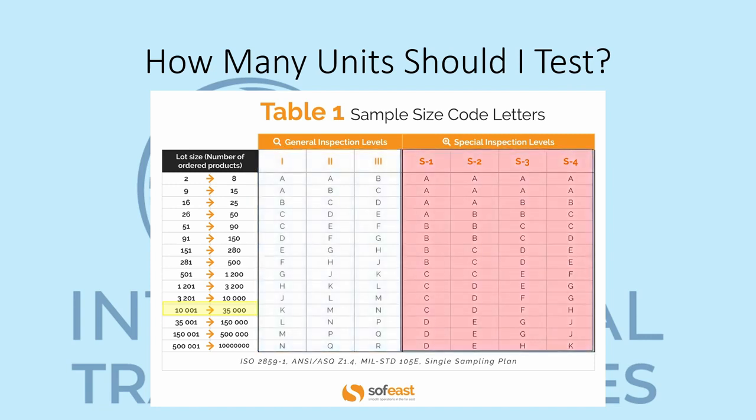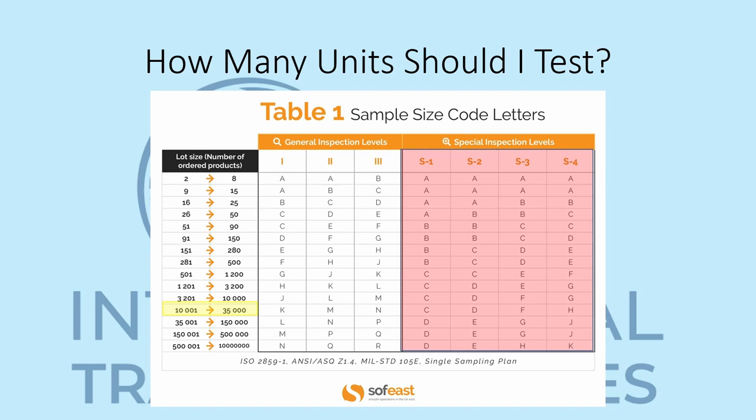The special inspection levels, you test fewer units, but you do much more rigorous testing. These are for products where there's a lot of safety regulations, a lot of governing bodies that have regulations set on them. So for example, medical devices or complex electronics, where if they fail, there are catastrophic consequences. This is where you'd use those special inspection levels.